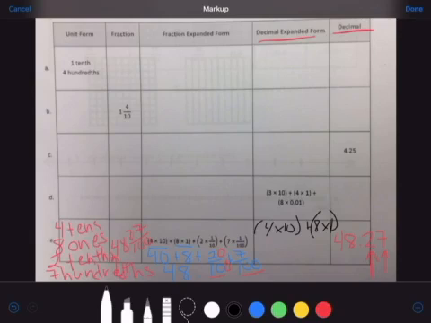Because for our ones column and our tens column, that doesn't change whether it's fractions or decimals because it's ones and tens. Then my next section right here where it says 2 times 1/10, I'm going to change that to 2 times 1/10 in decimal form.